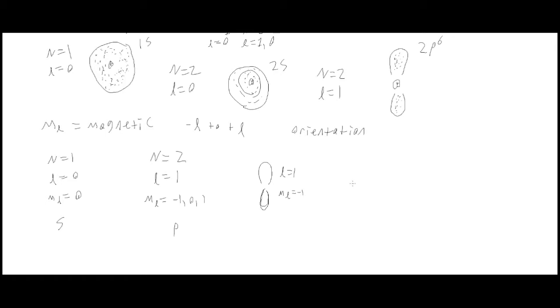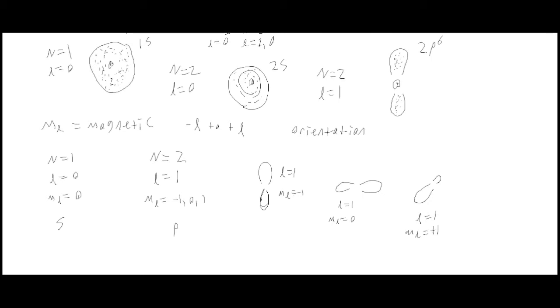And then we have this other orientation, like this, which would be l equals 1, and m sub l equals 0. And then we would have this other orientation, which, if you can picture it sort of coming out of the page and into the page, this would be l equals 1 and m sub l equals negative 1. So you see, or wait, positive 1.